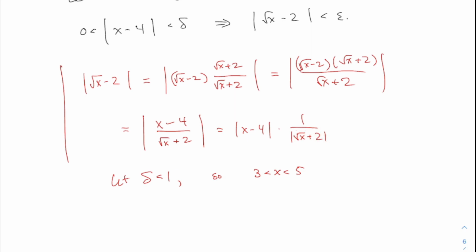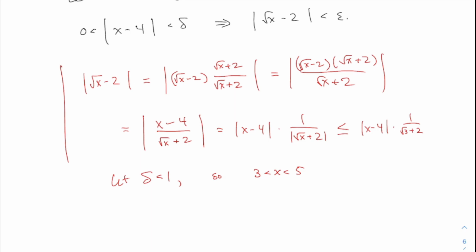Because it's in the denominator, you want to make this thing as big as possible. I use the smaller value, because dividing by a smaller value ends up being bigger than dividing by a bigger value. Anyway, I get |x minus 4| times 1 over root 3 plus 2. And that's my weird constant, 1 over root 3 plus 2.